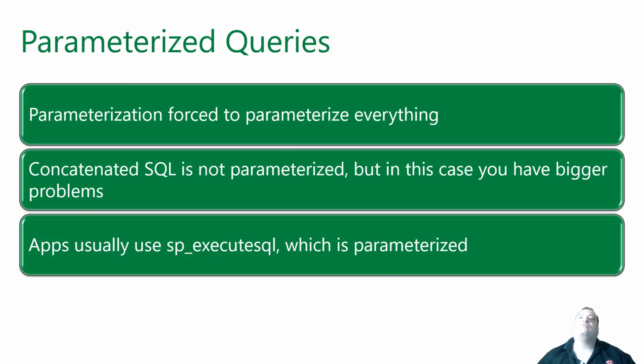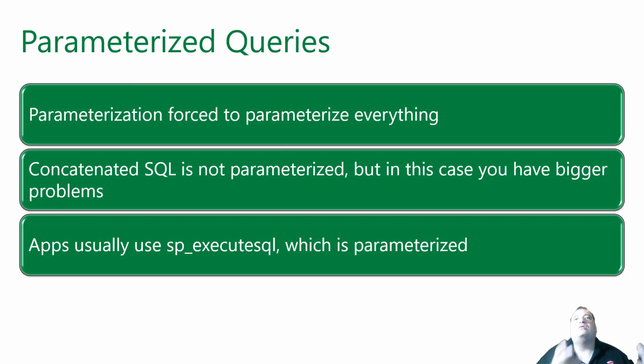What happens on applications when you use object relationship mapping, ORM, like Entity Framework and Hibernate and others, is that these tools on the application side use a special procedure called SP execute SQL. You don't even see this in the application code.